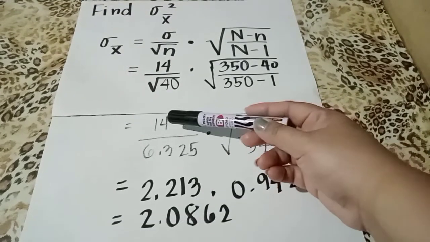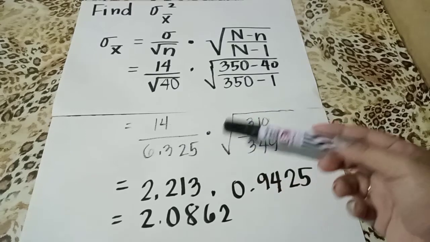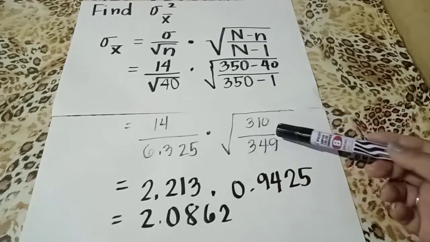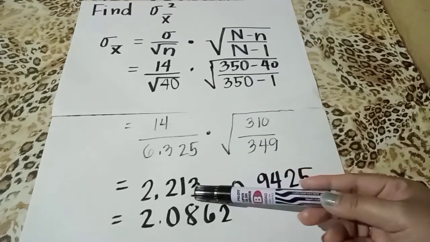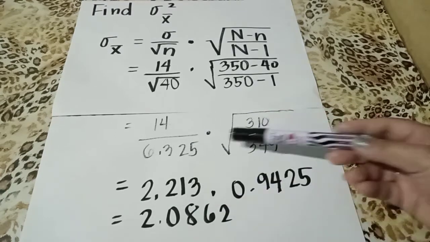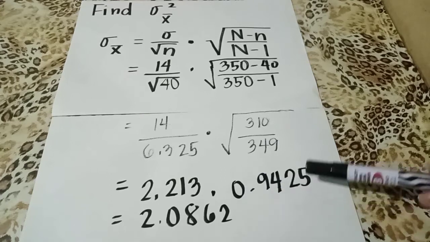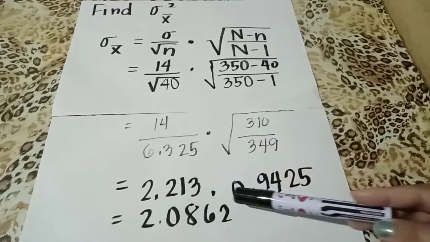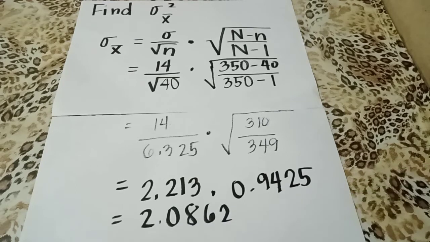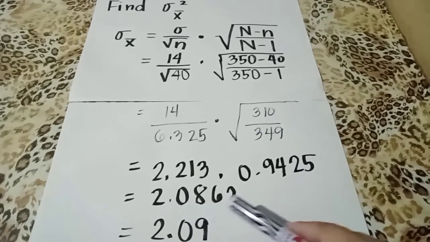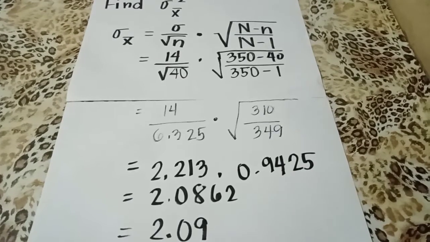Now class, if you have 14 over 6.325 times the square root of 310 over 349 using your scientific calculator, divide this, so you have 2.213 at least to 3 decimal places, to be multiplied by this square root, which is 0.9425. If you multiply 2.213 times 0.9425, you have 2.0862, or 2.09.